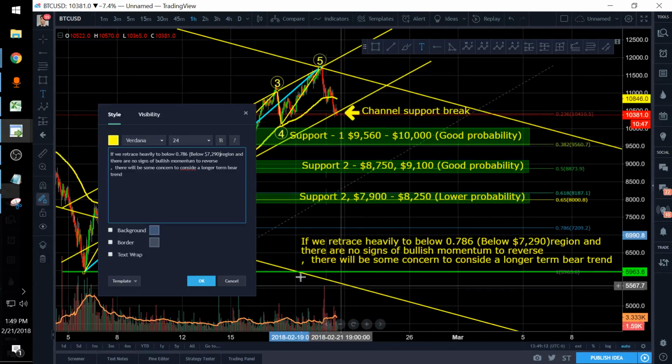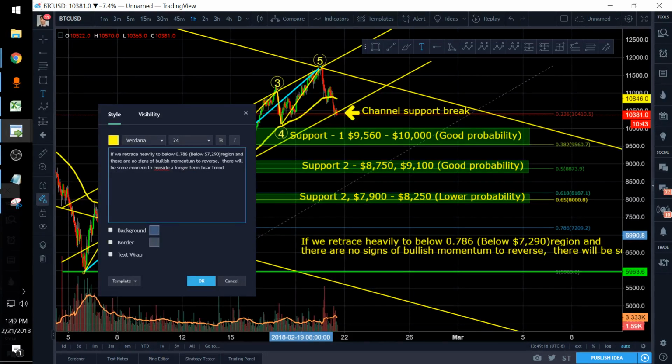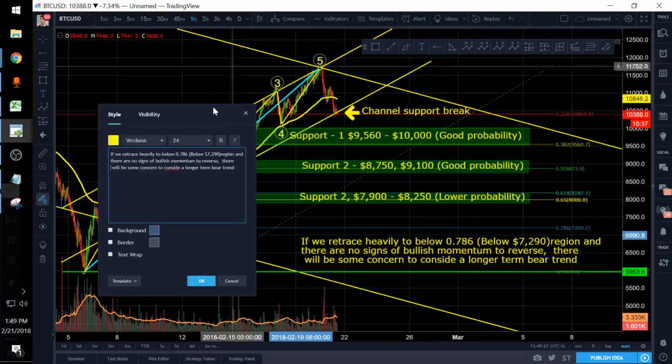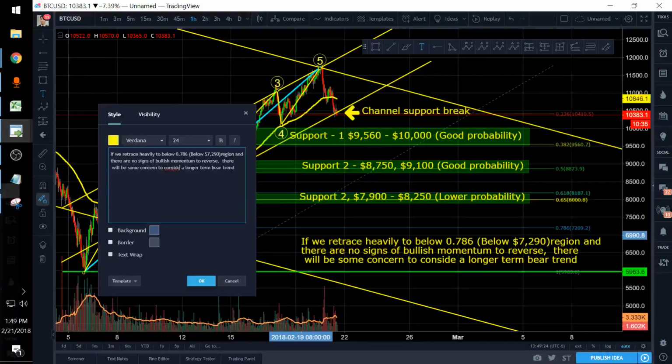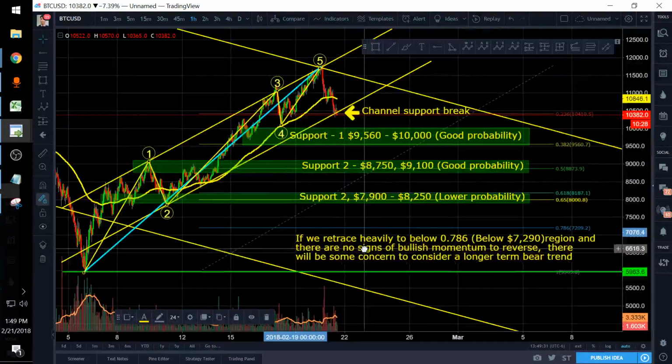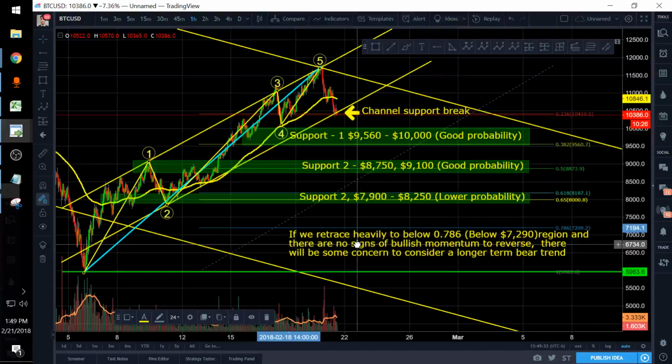So what I'm getting to is, if we retrace, guys, below the 786 Fibonacci number right here, and there are no signs of bullish momentum to reverse, there will be some concern to consider a longer term bear trend. Because 786 is where Bitcoin likes to reverse, right? But if we retrace more than that, then I'll be very, very concerned.